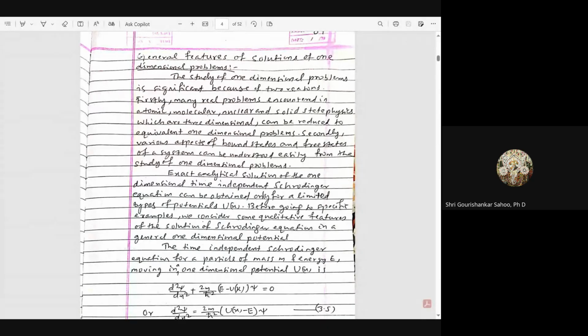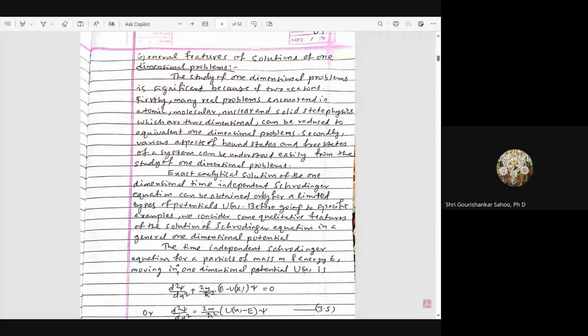Second, various aspects of bound states and free states of a system can be understood easily from the study of one-dimensional problems. And the exact analytical solution of the one-dimensional time-independent Schrodinger equation can be obtained only for a limited types of potential U. So before going to specific examples, we consider some qualitative features of the solution of the Schrodinger equation in a general one-dimensional problem.